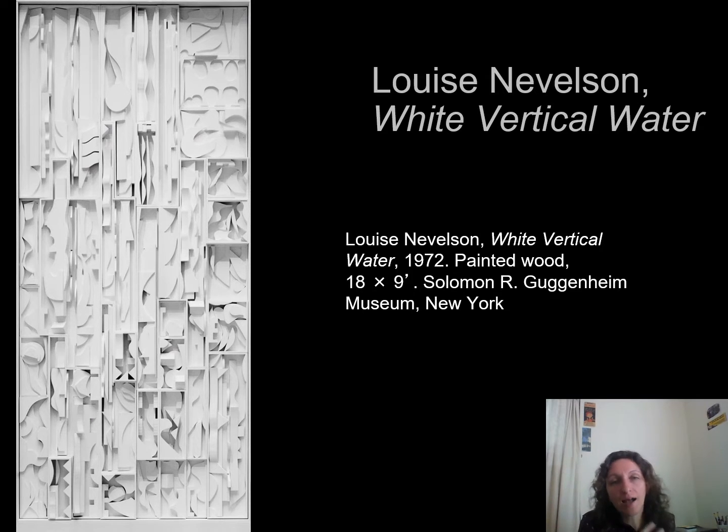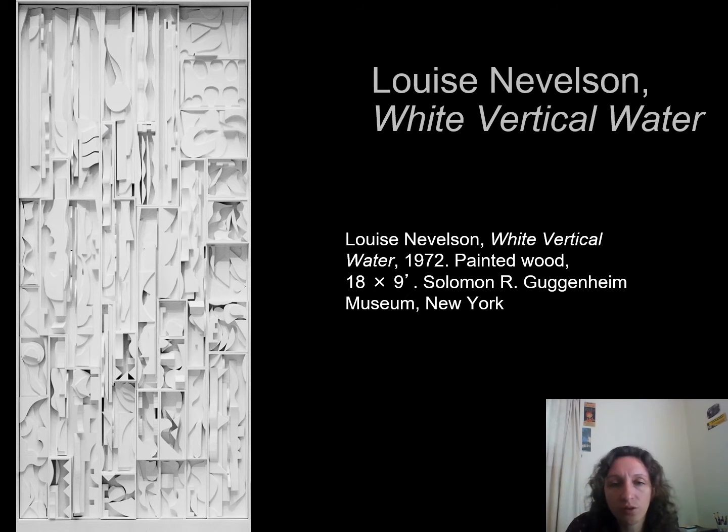And then last but certainly not least, we have Louise Nevelson's White Vertical Water, which is another representation of water, very similar to what Frederick Edwin Church was going for in his Niagara painting, but in a very different way.